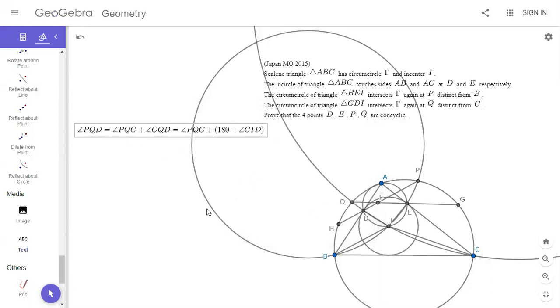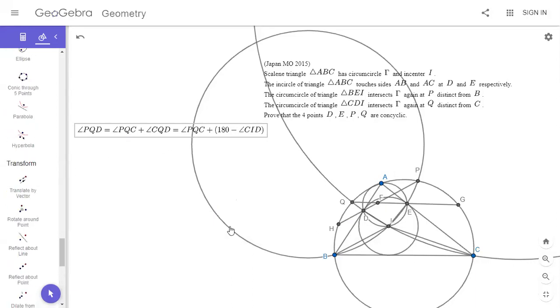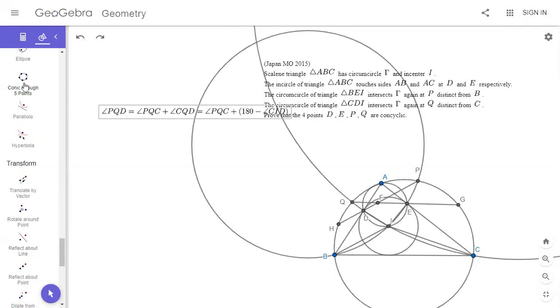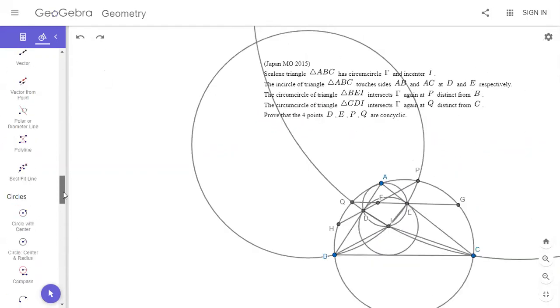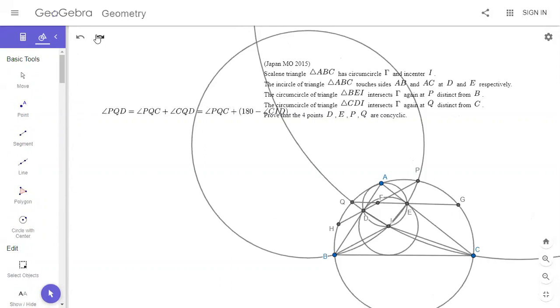Yes, the figure will... You know what? I'm gonna hide part of it. Whoops. I'm gonna try this. So, what did I just do? I'm gonna draw just the part of the arc that we want.